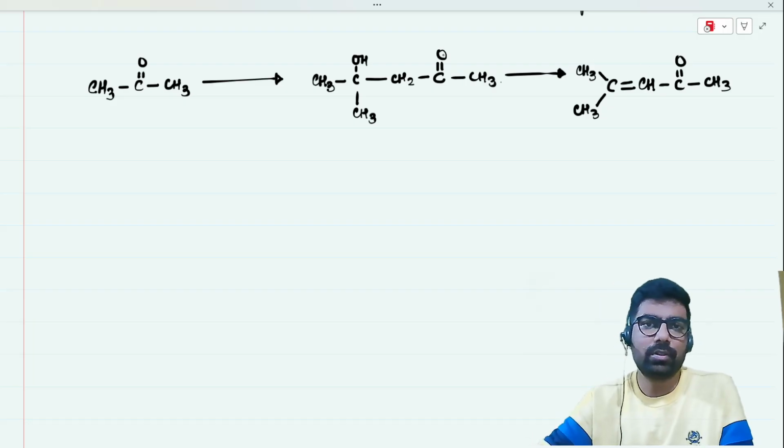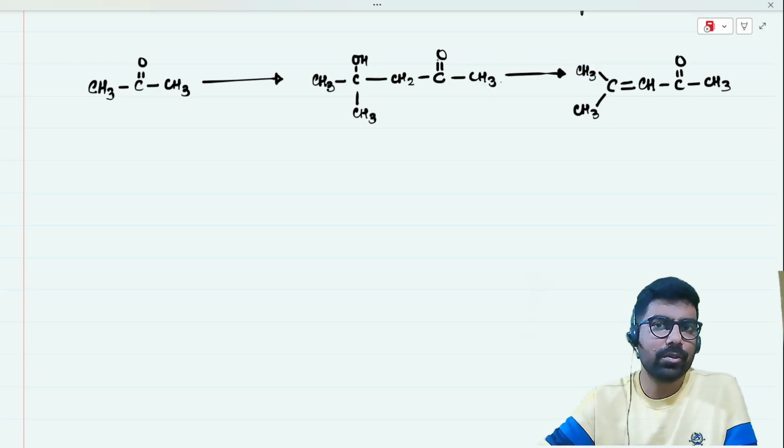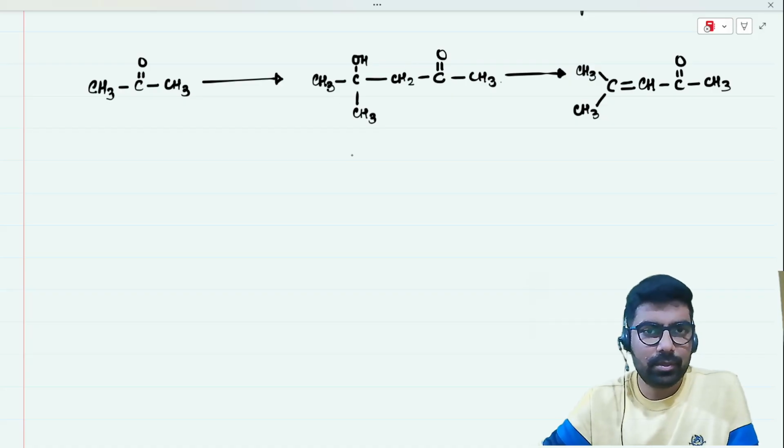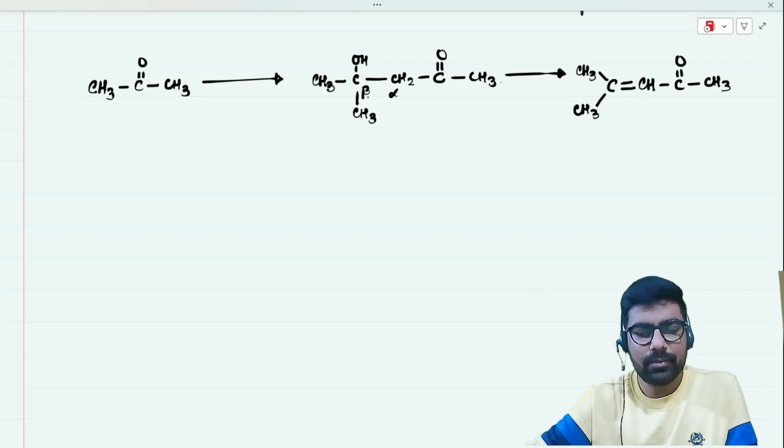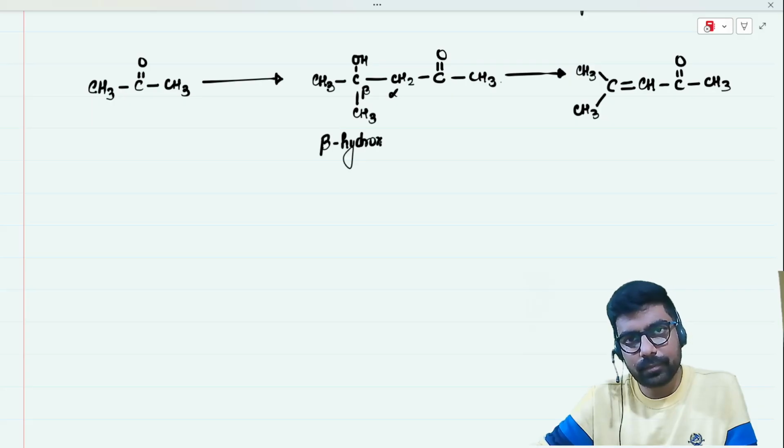Now those who are writing the product directly, just see whether you are getting one of these two products or not. This is my main functional group, that is the ketone. This is my alpha carbon. This is my beta carbon. So this is a beta hydroxy carbonyl compound.